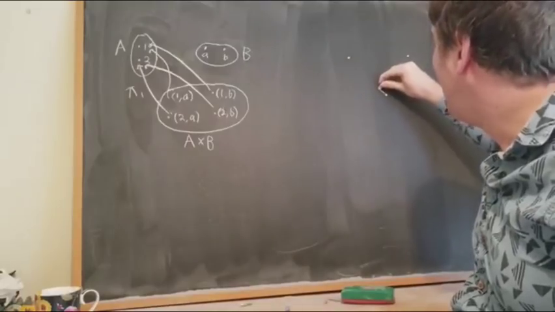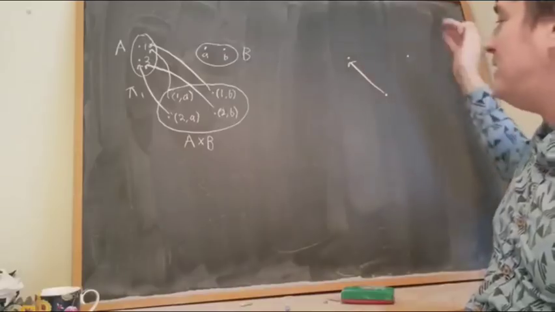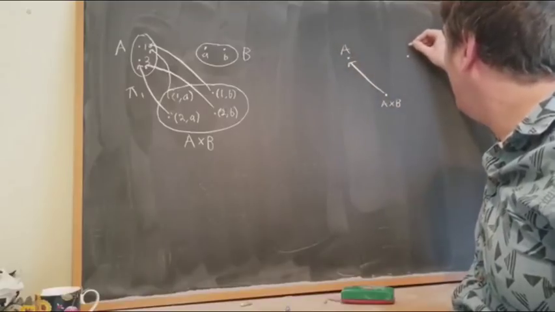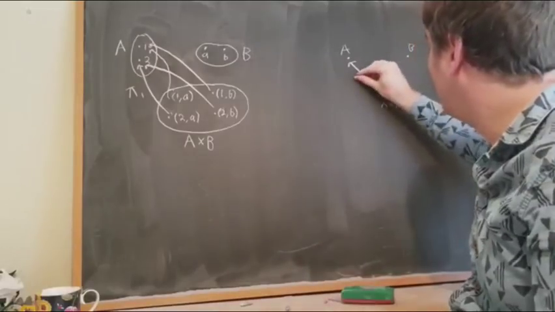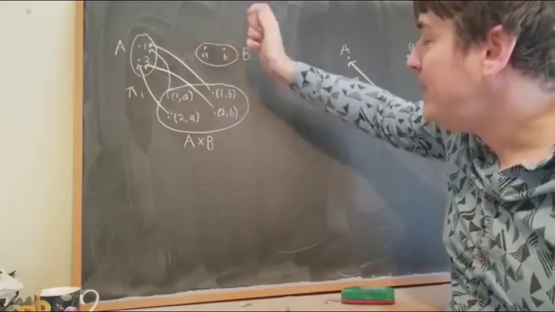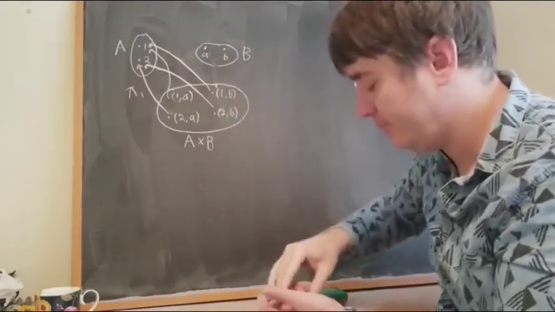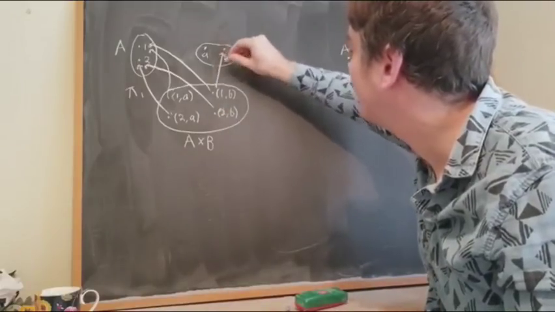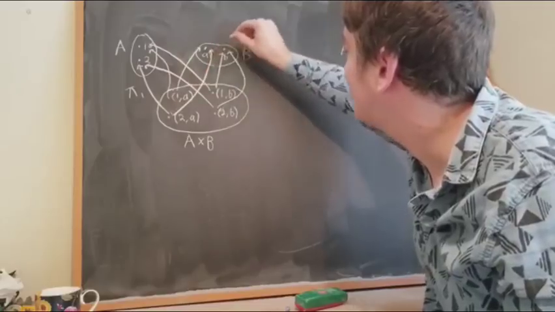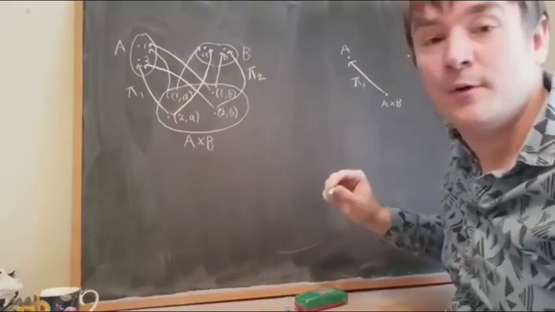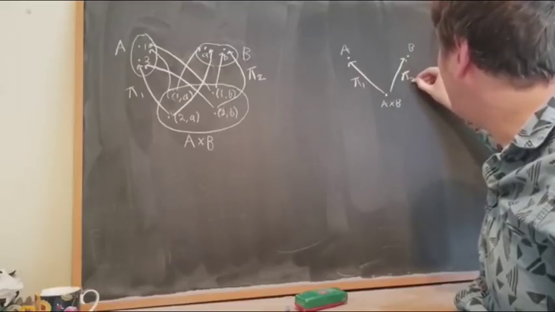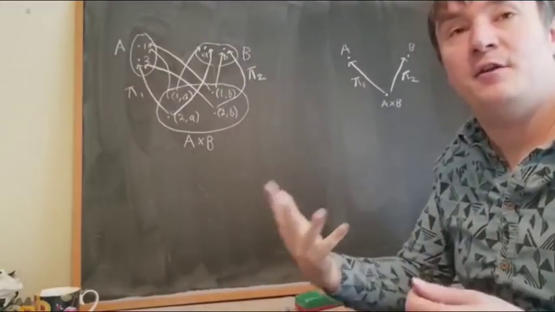So we can draw that in our category theory picture here: there's A times B, and there's A, and there's B. Now similarly, we're going to have a projection from this set here into B that just takes the second entry in the pair. And that's pi2. So there it is, pi2.